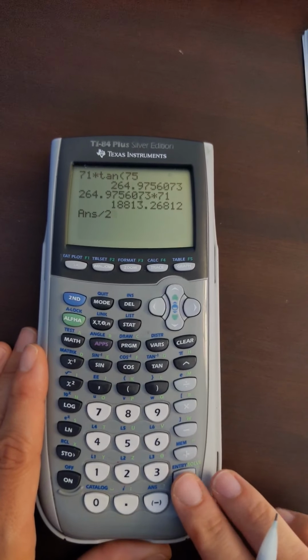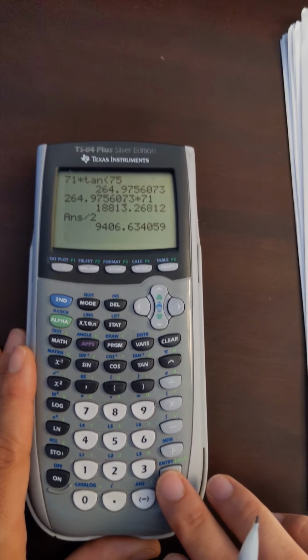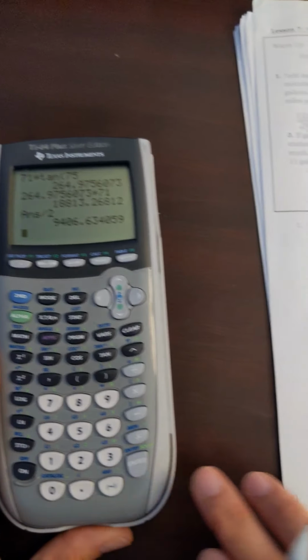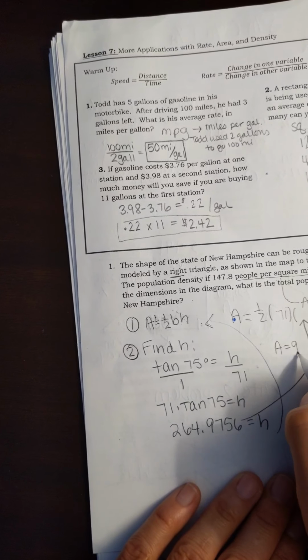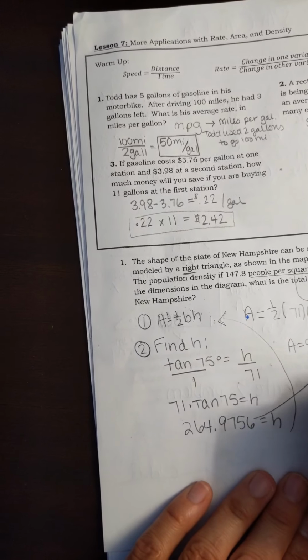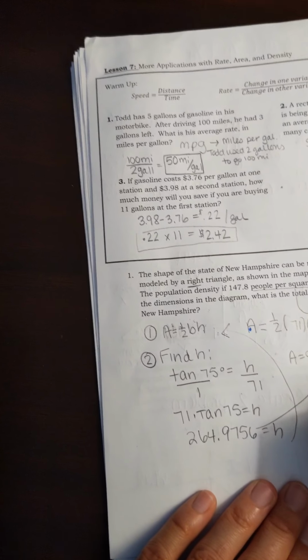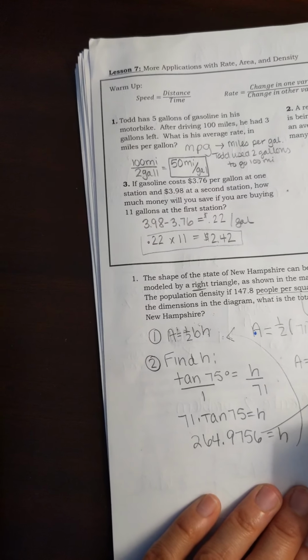That's the same thing as multiplying by 1/2, right? So we have 9,406.634 miles squared.